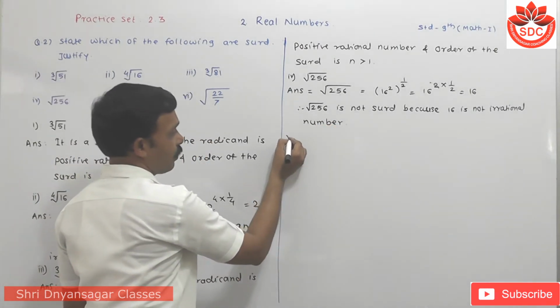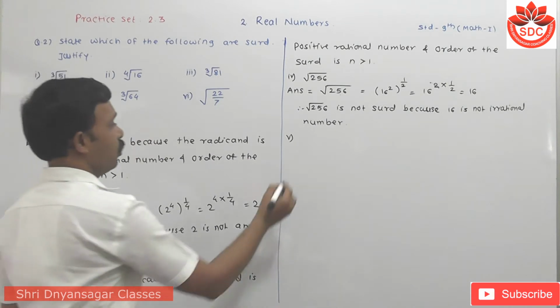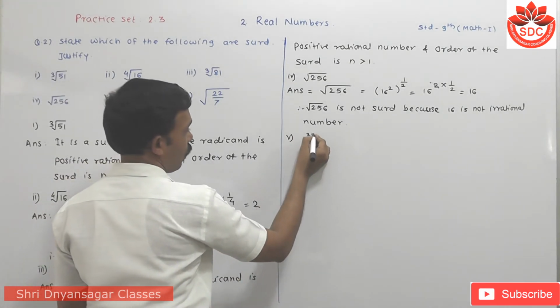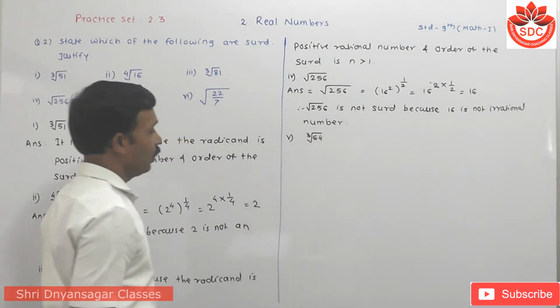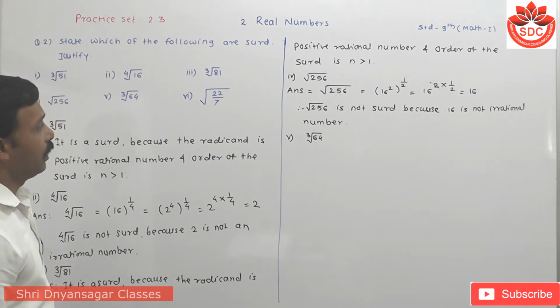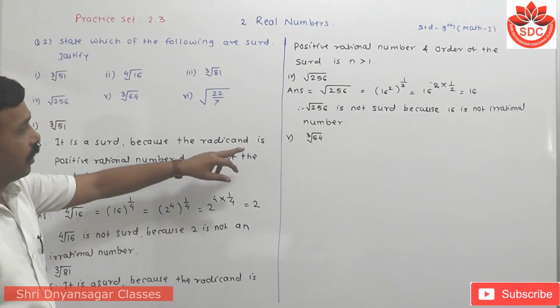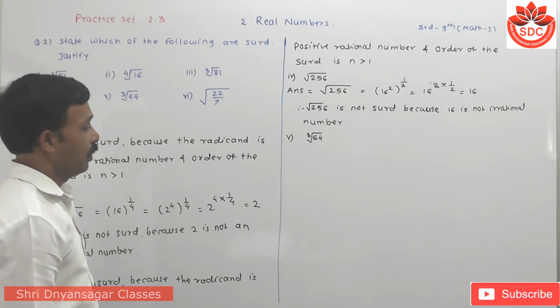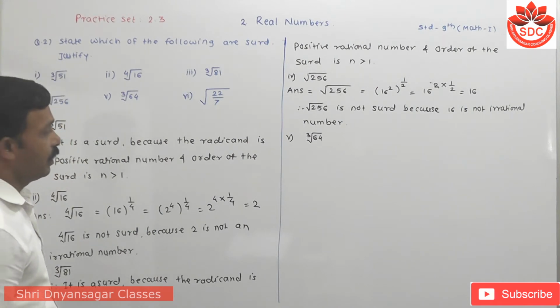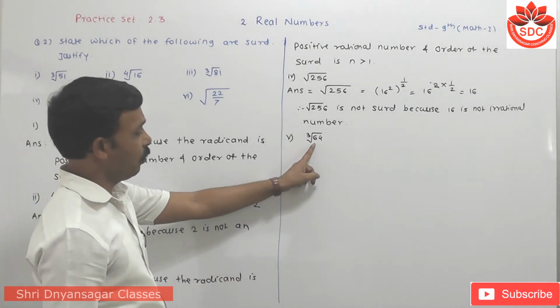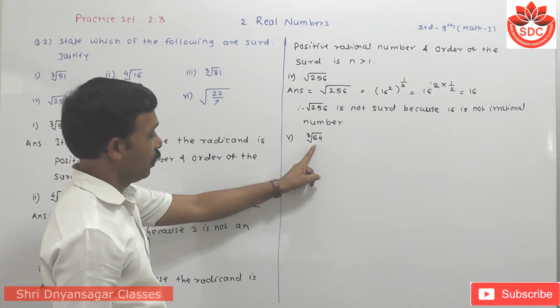Then we take the next one, question number 5, the cube root of 64. Students, look carefully. This is the cube of 4.